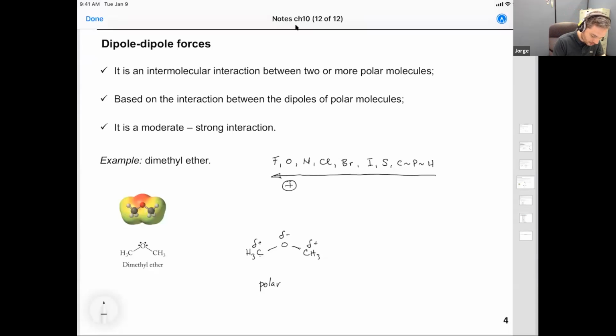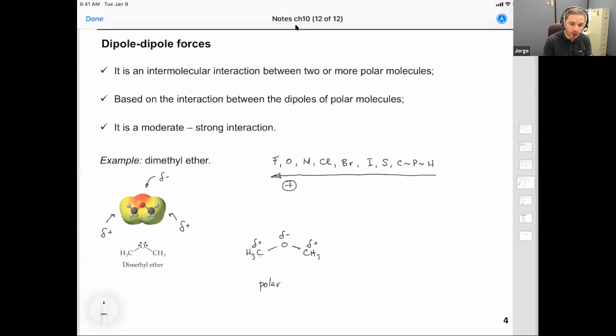And that's what this picture is showing right here. So the red area here means high density of electrons, and the yellow-green area means deficiency of electrons. So therefore, the dimethyl ether molecule has a negative pole nearby the oxygen and positive poles nearby the CH3 groups.